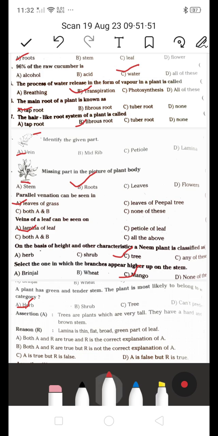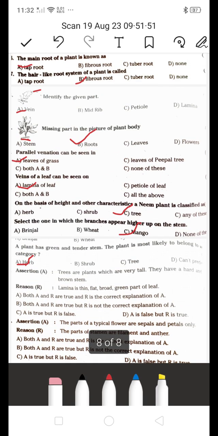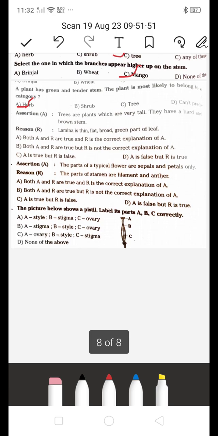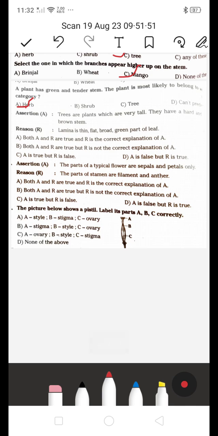Next one, assertion: trees are plants which are very tall, they have a hard and thick brown stem. Reason: lamina is the thin, flat, broad, green part of the leaf. Which is the right answer? Both A and R are true and R is the correct explanation of A; both A and R are true but R is not a correct explanation of A; A is true but R is false; D, A is false but R is true.